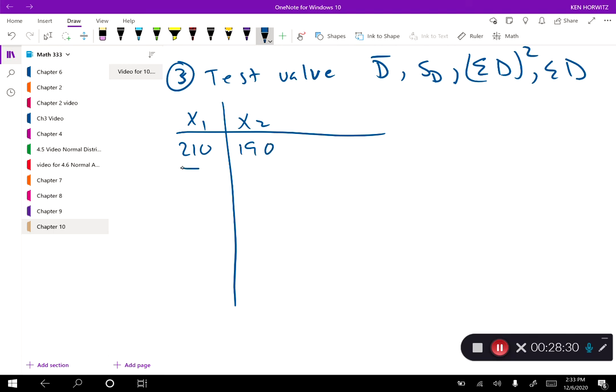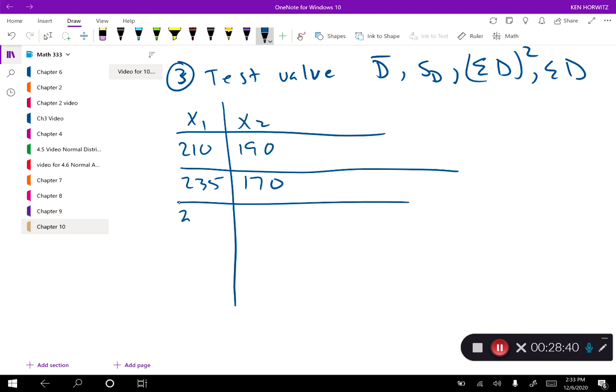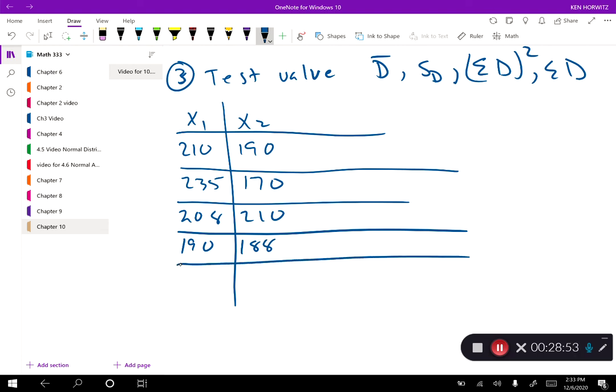I'm just rewriting the data at this point. 235, 170, 208, 210, 190, 188, 172, 173, 244, and 228.